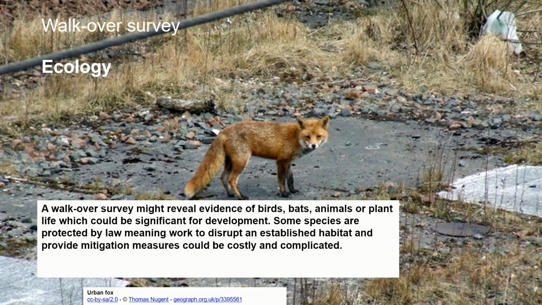You pay for the bat surveyor, you pay for the movement, and you pay for the mitigation. So a client may not be keen on doing that, and if you haven't warned them at the start, then they might think it's your fault. So it's always better to note everything down just in case it comes back to haunt you later on.